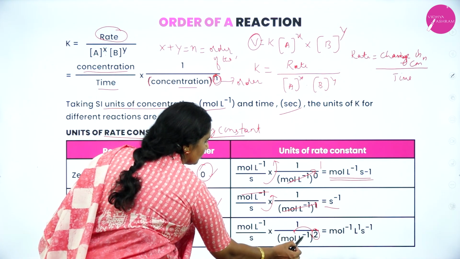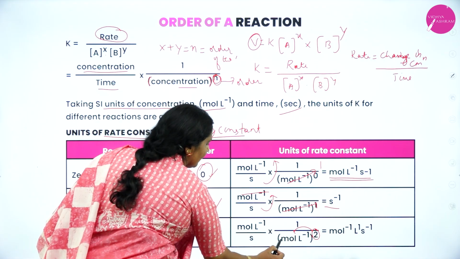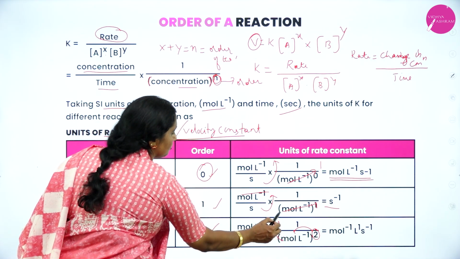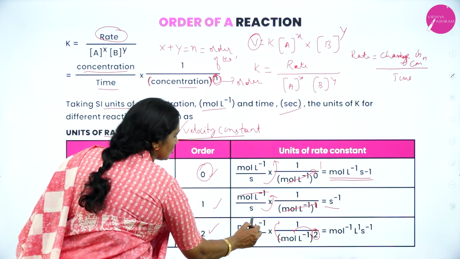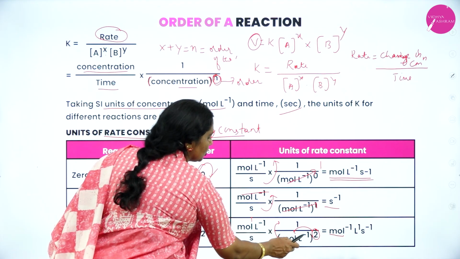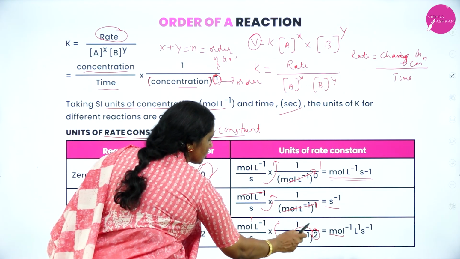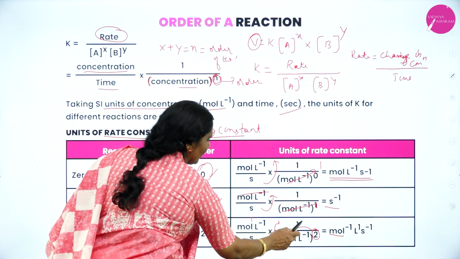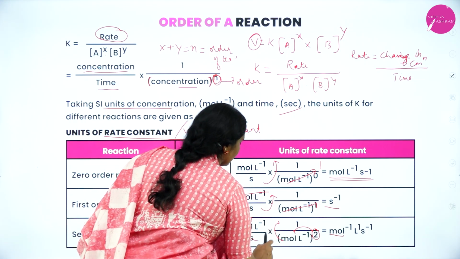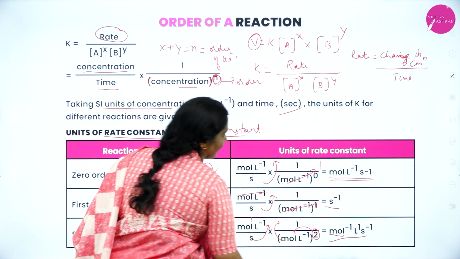Mole square, if it goes to the numerator, will become mole to the power of minus 2. Here it is 1, so it will become minus 1. Similarly, liter to the power of minus 2 goes to the numerator and will become liter square. 2 minus 1 is 1, and second goes to the numerator, it will become per second.